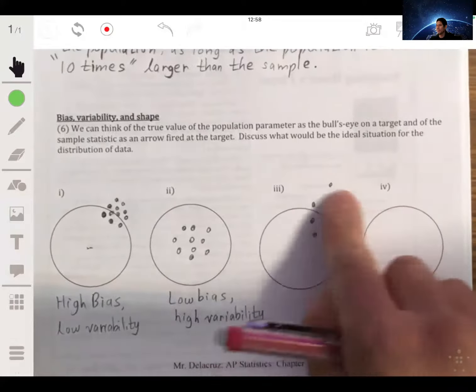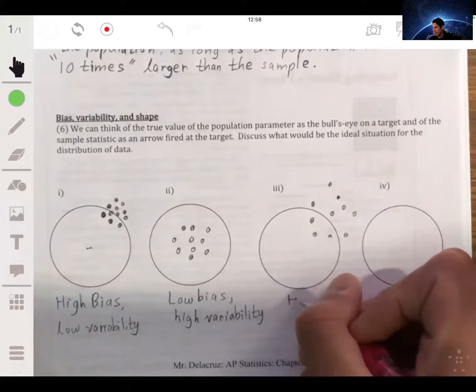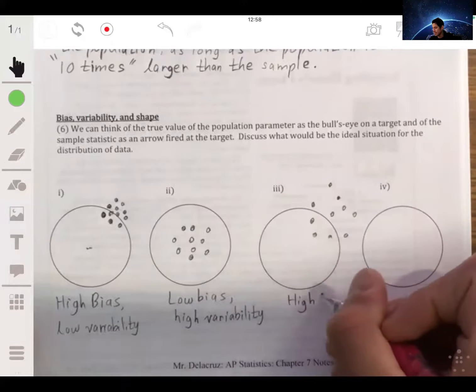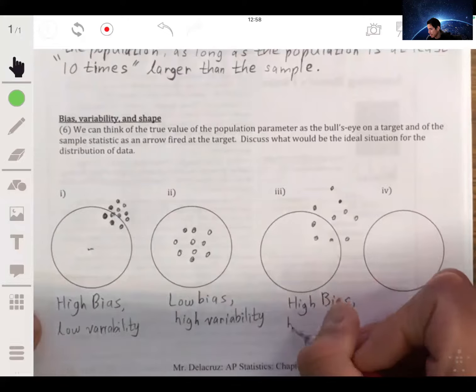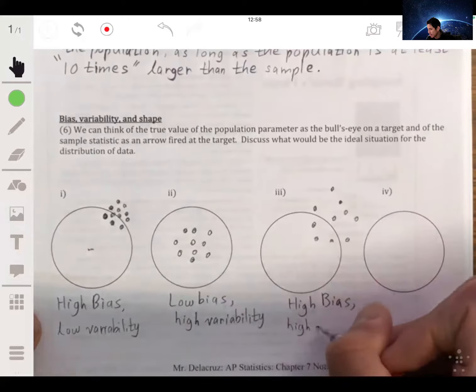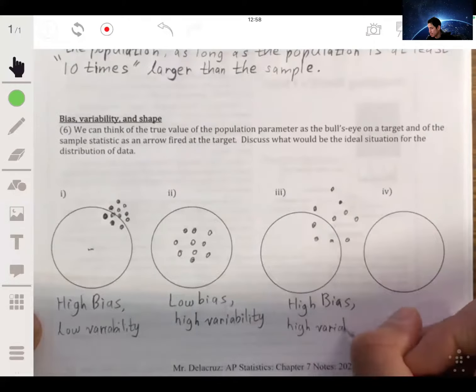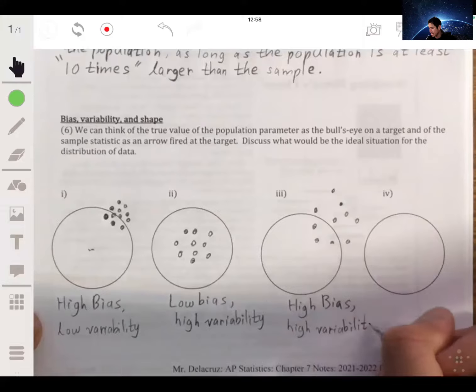You're all over the place, even in that direction. If the target was here, sometimes you shoot above, sometimes you shoot to the right, left. So you have high bias, you have high variability. And that's the last thing you want.